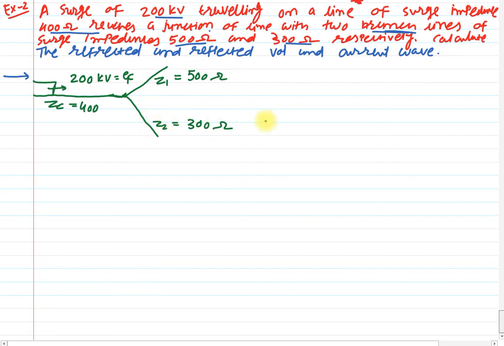Clear? So here it is given that EF is equal to 200 kV, ZC is equal to 400 ohm, Z1 is equal to 500 ohm, Z2 is equal to 300 ohm. Clear?